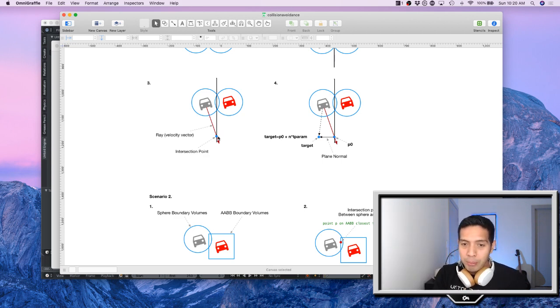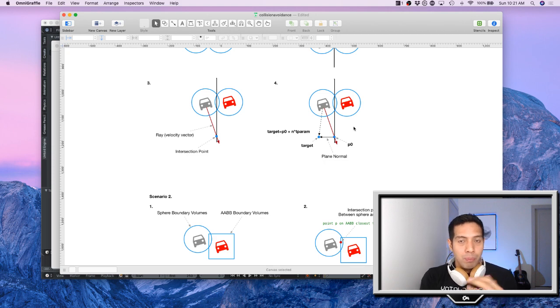Next, I know the normal vector of my plane, so I use that, and I assign a particular time parameter, let's say a parameter of 2.0. What does that give us? That gives you a new position. This is my predicted position, from my initial position.